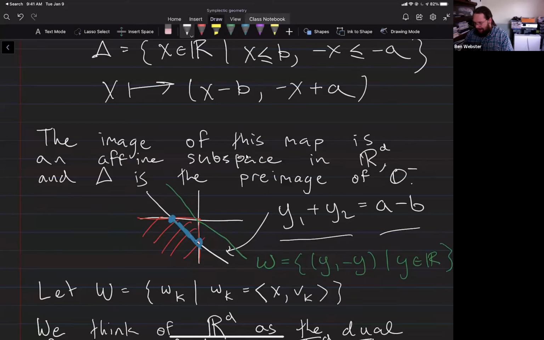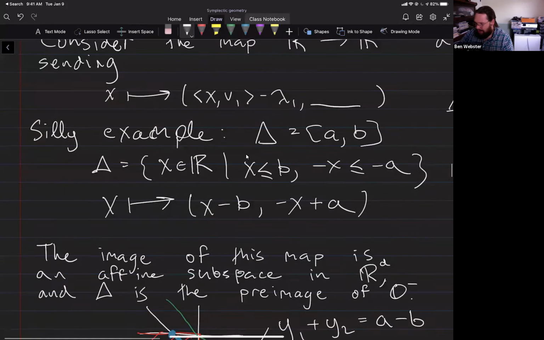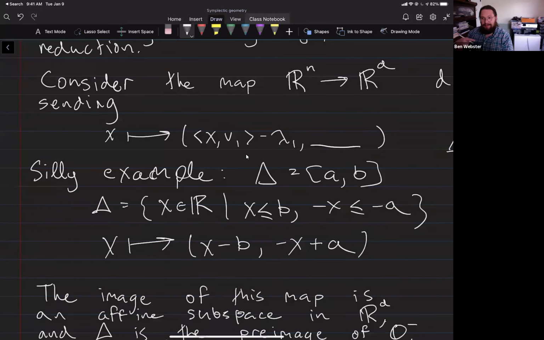This is a special example, but the same thing happens everywhere: I can always map R^n to R^d affinely this way. And I've exactly set this up so that x lies in delta if and only if all of these entries are negative.